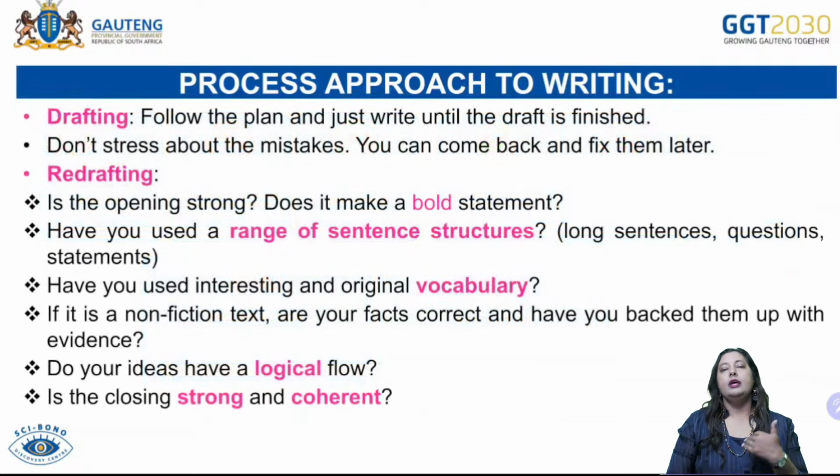Good. Then while we are looking at this, I did take you through the drafting and the redrafting sections. So if you're looking at how you would practically do it when you're writing your essay, the first part is the drafting. So here you are following the plan and you're just writing until your draft is finished.